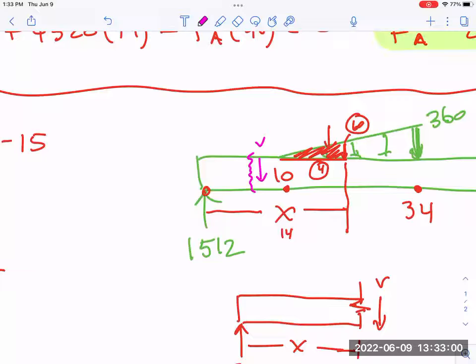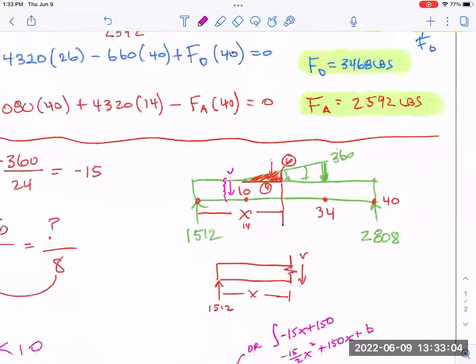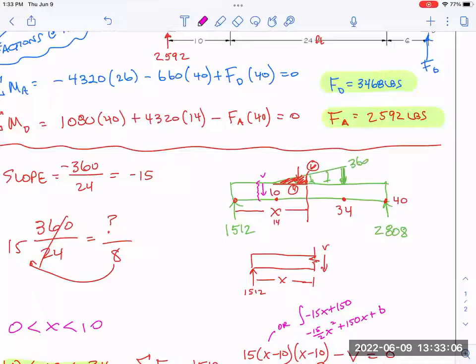I haven't made it to the triangle yet, so that's it. There's nothing else. Do you agree? So that means 1512 minus v has to be 0. The shear in that entire section, because there's no other forces, is just 1512 the whole time, all the way from 0 to 10. Any place you go, 1512 is the shear everywhere.